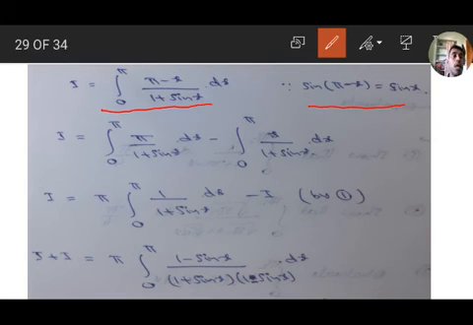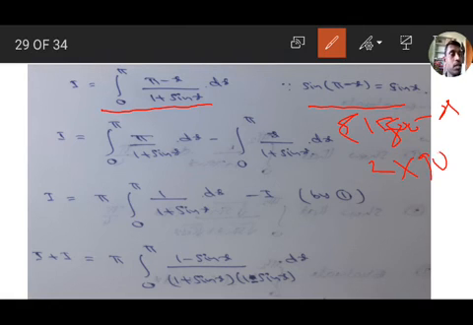Since sine of pi minus x equal to sine x: pi means 180, so 180 minus x, 180 is 2 into 90, an even multiple, so sine stays, and 180 minus x is in the second quadrant where sine is positive, so we get sine x.